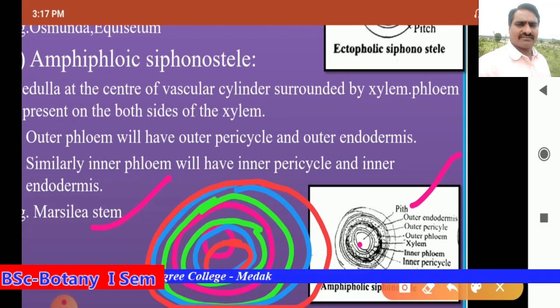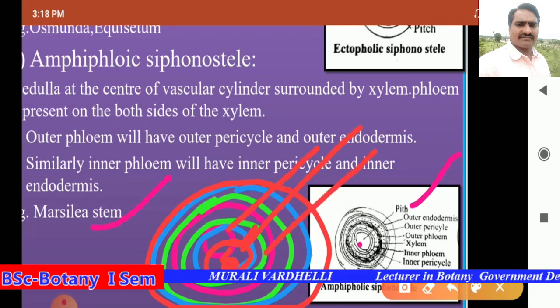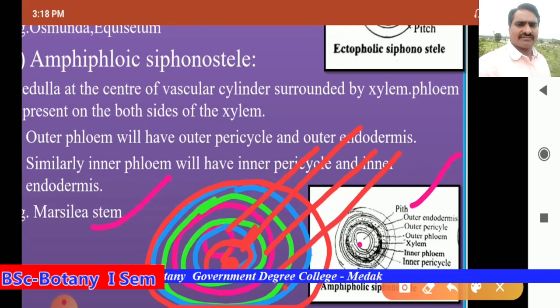We can observe this middle part is called pith or medulla. You can observe from inner side to outer side: this is the inner endodermis, this blue is inner pericycle, this one is inner phloem, this one is xylem, and this one is outer phloem, and this one is outer pericycle.